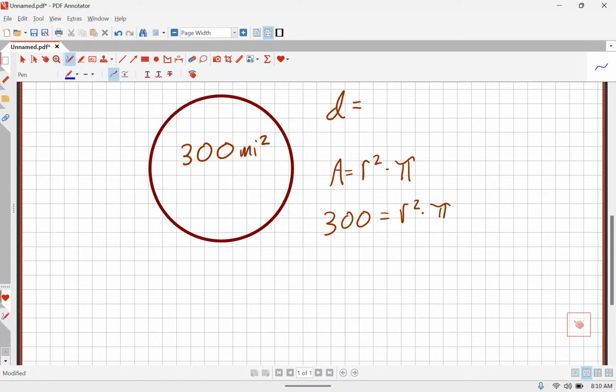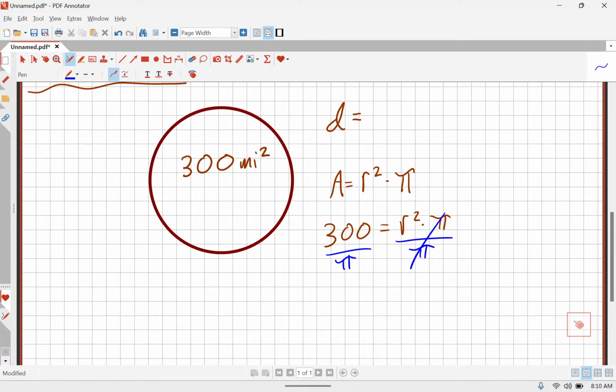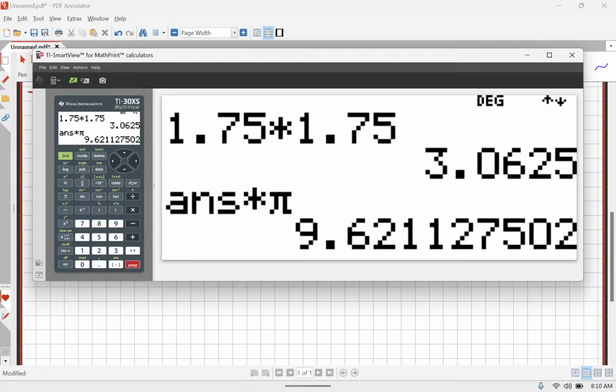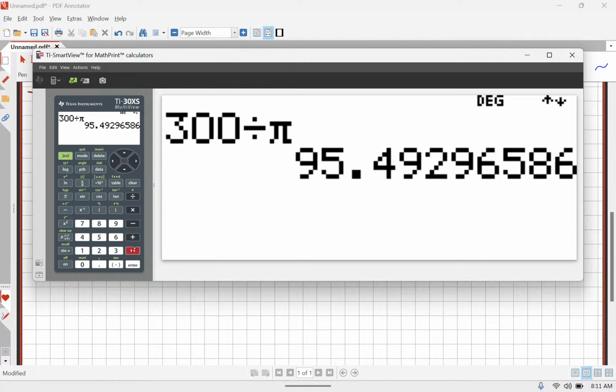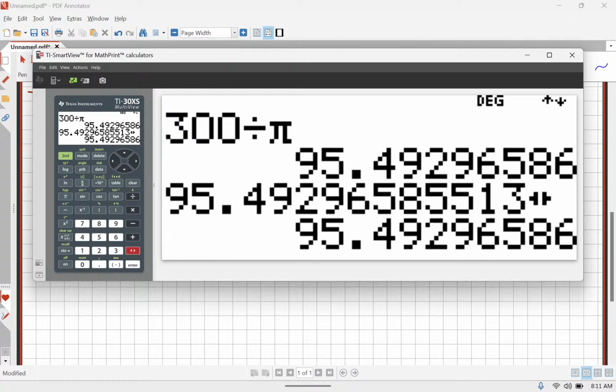And when we solve equations that have an exponent in it, you can just divide by pi. What's your favorite approximation of pi? You just did the pi button. So it's 300 divided by pi. Does my calculator even dare? If I ask for it exactly, my calculator says no, I won't. All right, so that's about 95.4929, and so on.